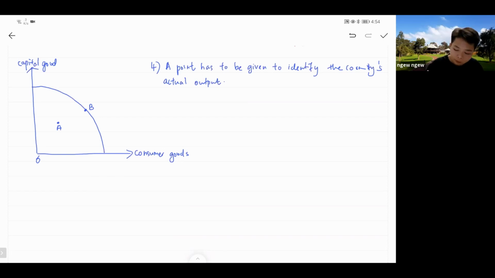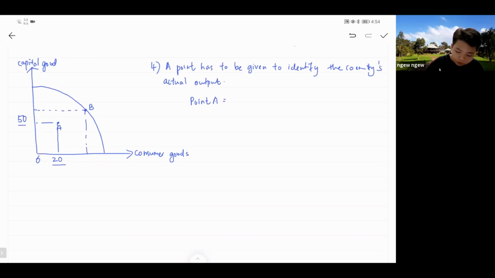So, for example, at point A, the country is producing this amount of capital goods, let's say 50, and 20 units of consumer goods. And if you look at this PPC diagram, the country can actually utilize their resources to produce more of both goods.